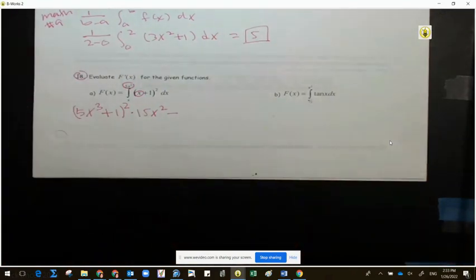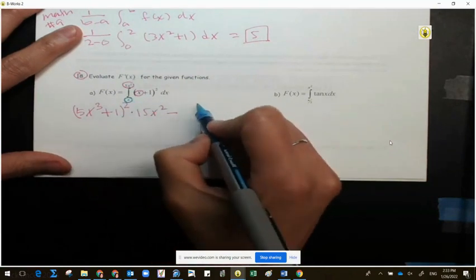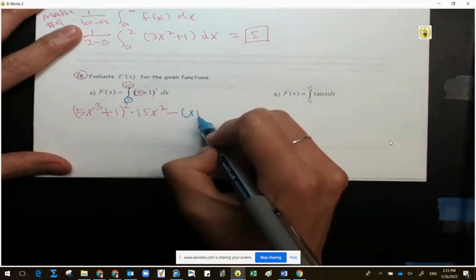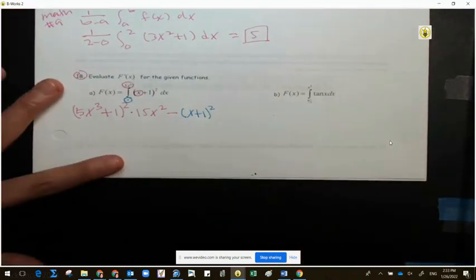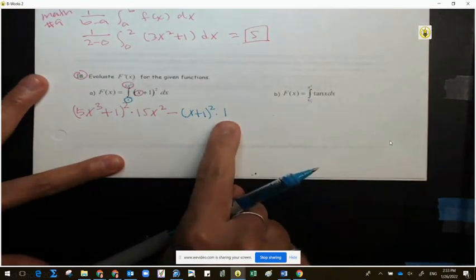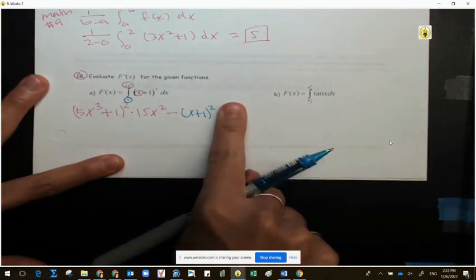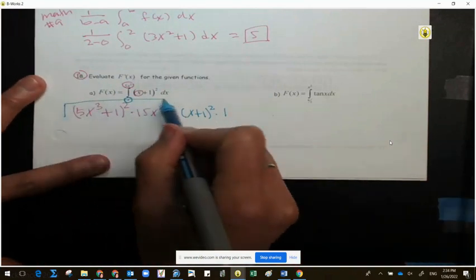Minus, now we're going to plug in the lower bound, the x. So I have (x plus 1) all squared. What is the derivative of the lower bound? 1. Times 1. Is that necessary? Will I take off if you forget? No. There's an understood 1. And that's it.